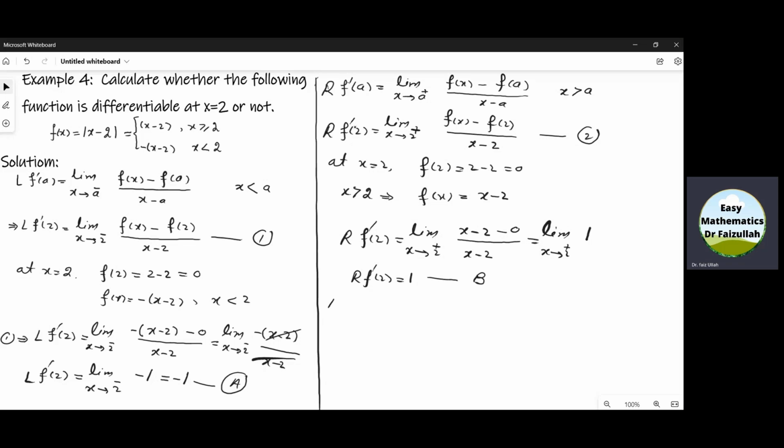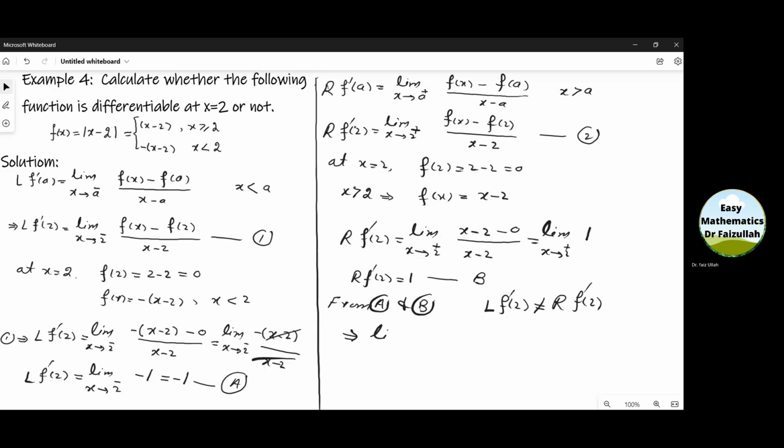Now look at A and B. The left hand derivative of the given function at 2 is not equal to the right hand derivative of the function at 2, and this implies that the limit does not exist.